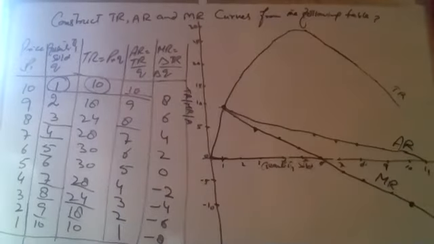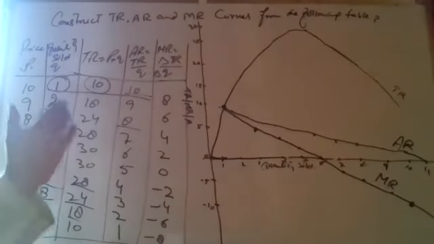So this is how to construct the average revenue, marginal revenue, and total revenue curves in a monopolistic market. This is not perfect competition market. In the perfect competition market, a firm is facing a horizontal revenue curve, average revenue and marginal revenue, that we will discuss later on.